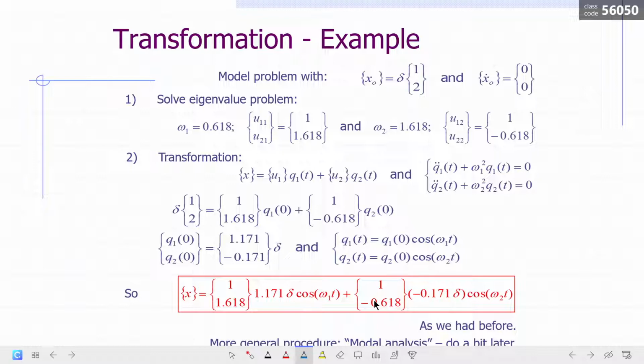Okay, let's see an example. From the equation h double dot plus kh equal to 0 with initial conditions, the initial position is here, and the initial velocity is 0.